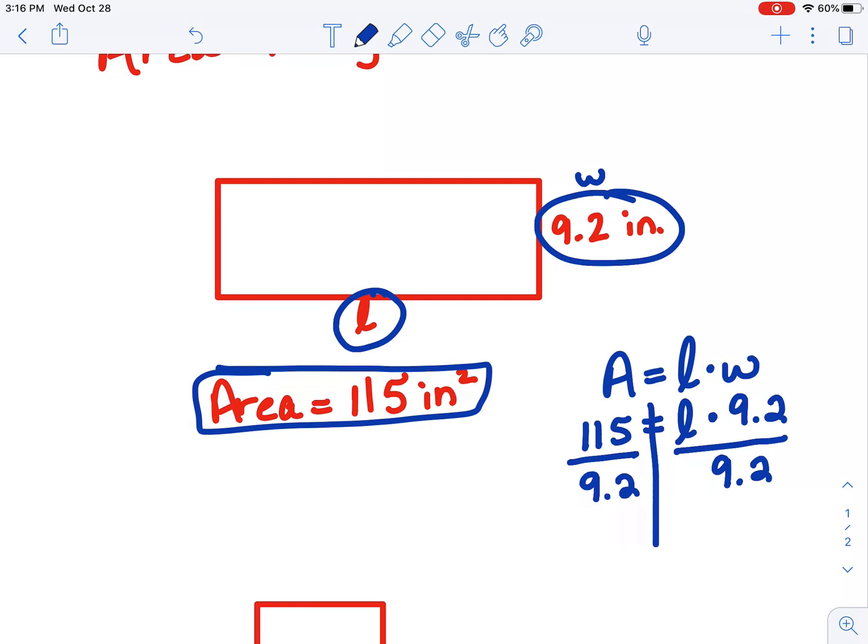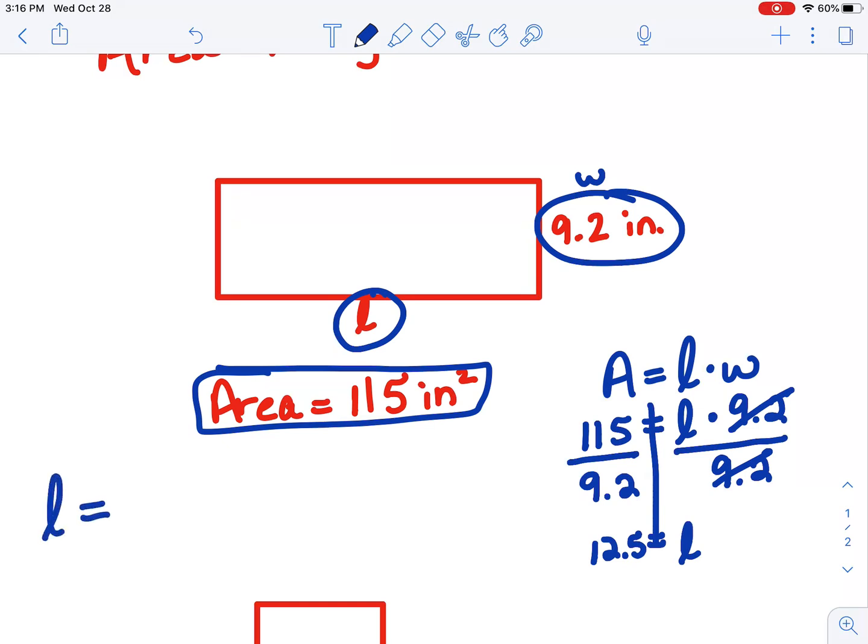On the left side, you would do the math. 115 divided by 9.2 would give you 12.5. On the right side, these divide out, and we give you 1. And 1 L is just the same thing as L. So my length, and then you'll have a box like this.